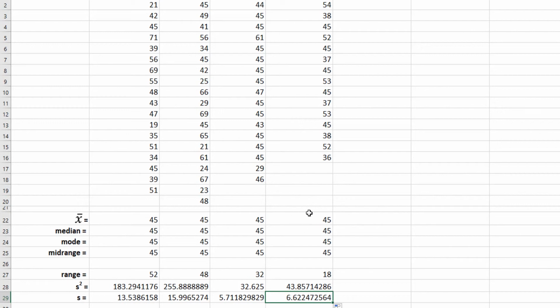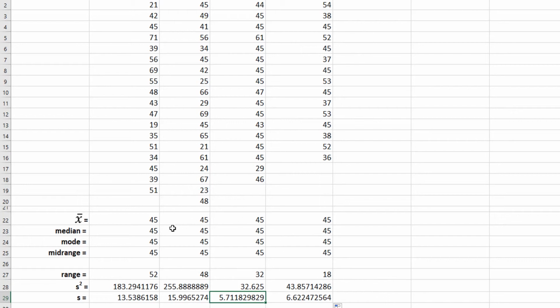And all other things being equal with the measures of center, this 6.62 is a way better number than this 15.9961 as far as the data being more condensed. In other words, less scattered. But this one is the best one.